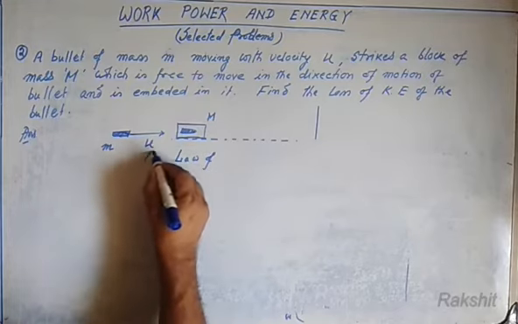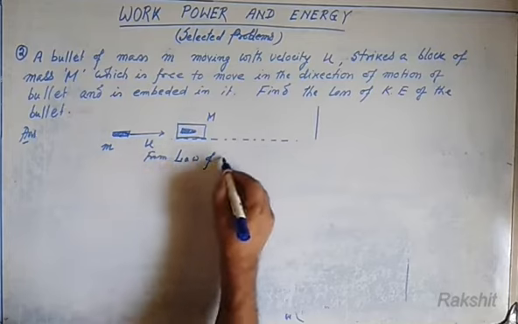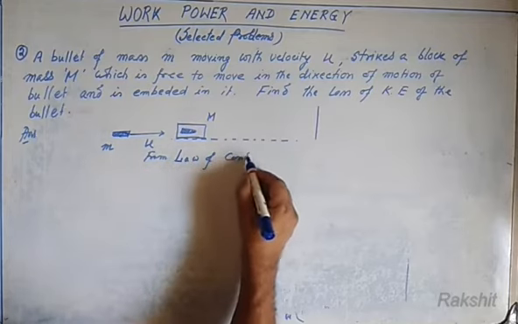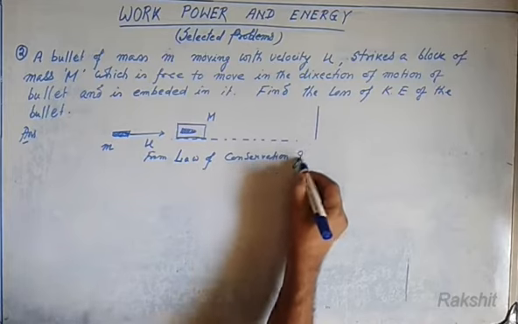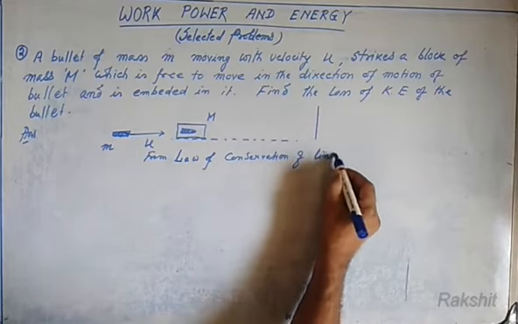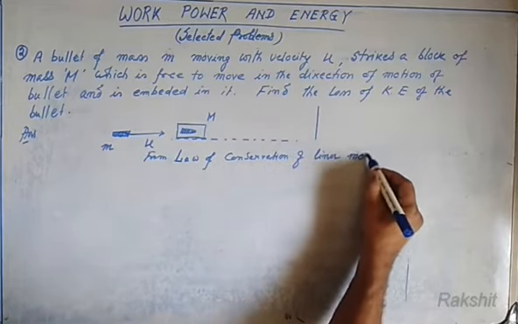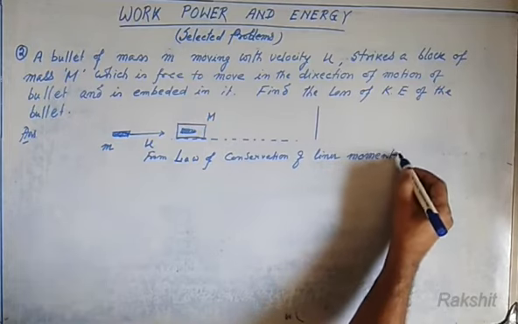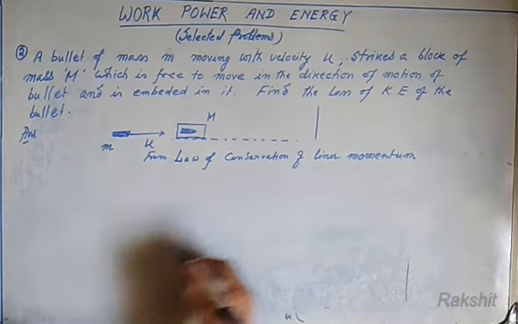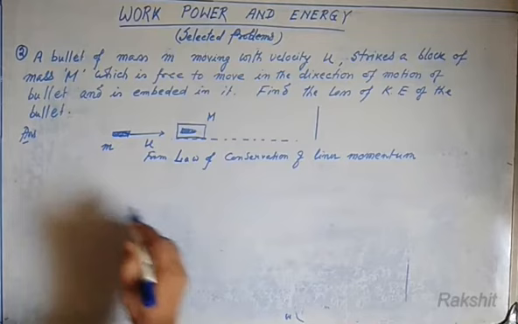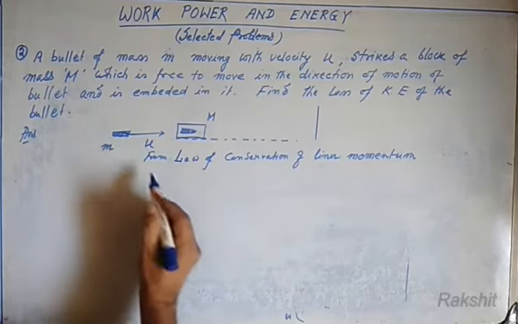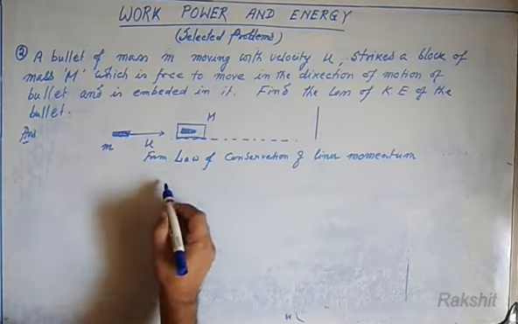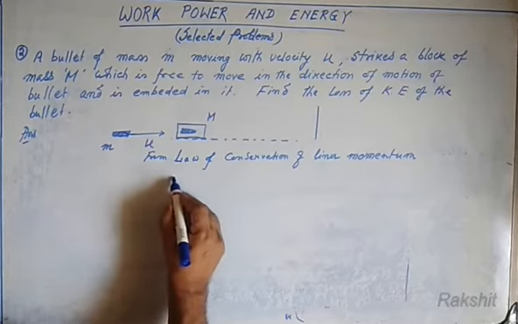Initially the bullet was moving and the block was not moving, so the initial momentum was only the momentum of the bullet. So initial momentum is equal to m into u.